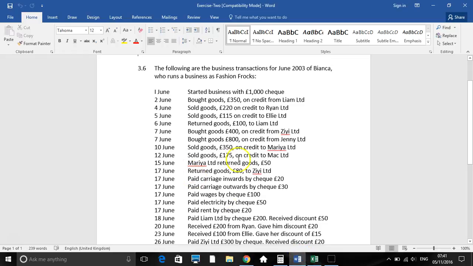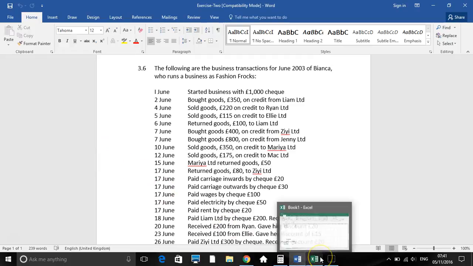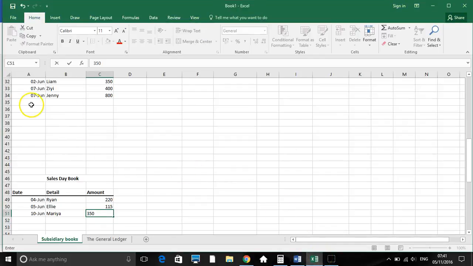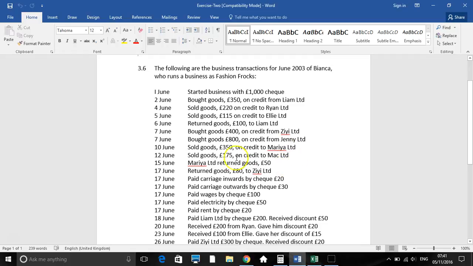On the 12th of June, you sold some goods worth 175 to Mac. So you sold some goods on the 12th of June, Mac for 175. Good. And we come over here.